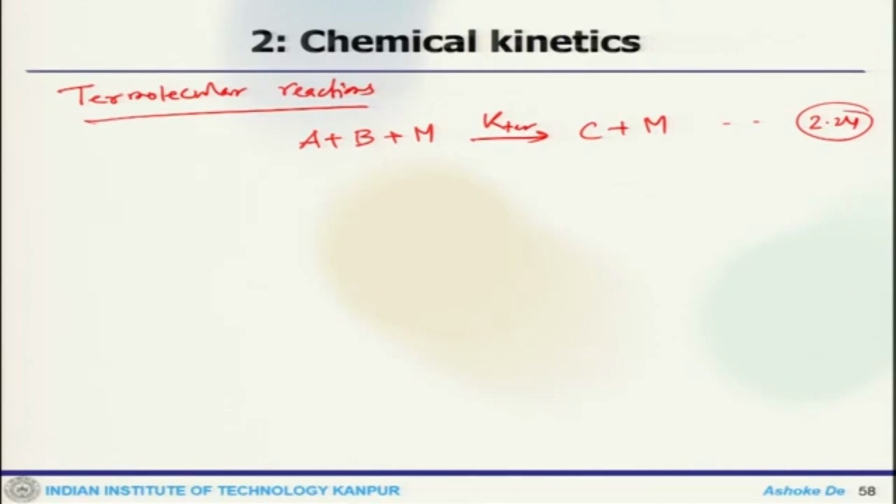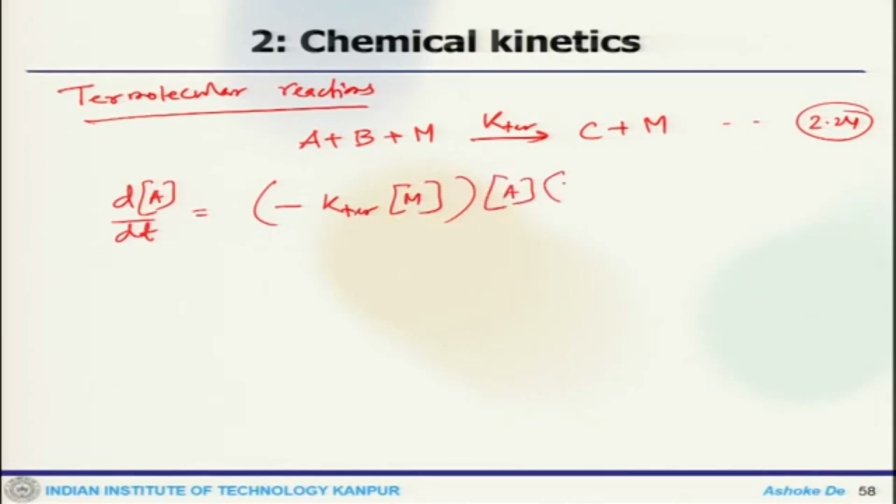Now, for a simple system at constant T, the concentration of M is constant. So, in that case we got dA by dt equals minus K M A B. This you have also obtained.